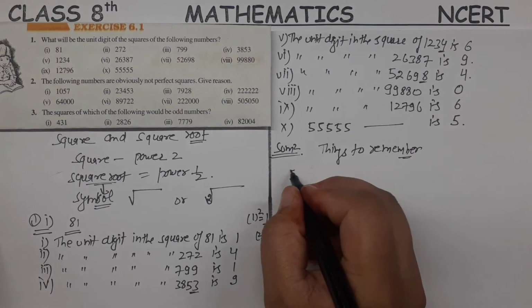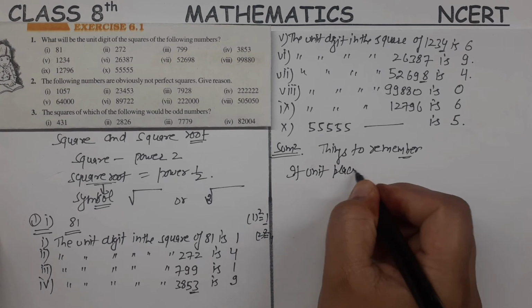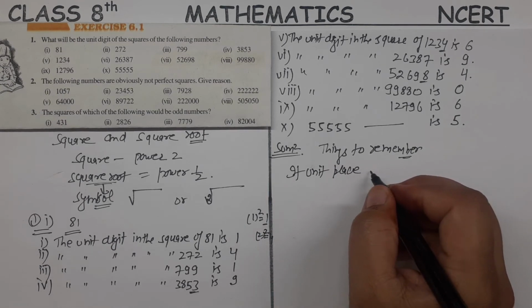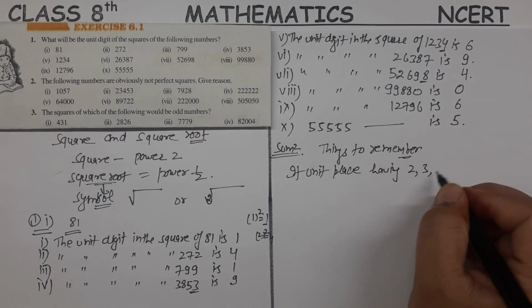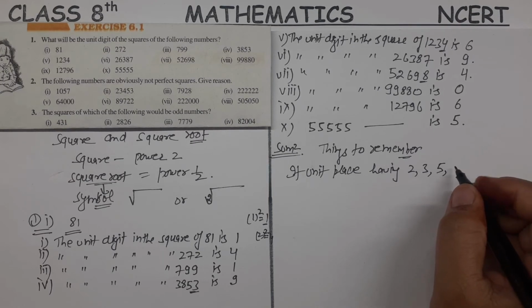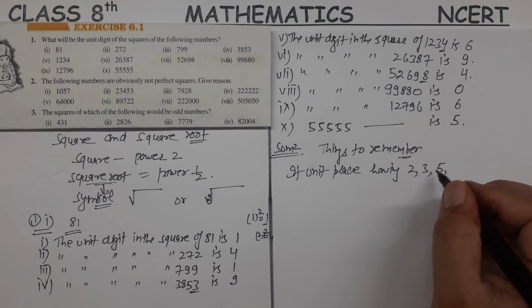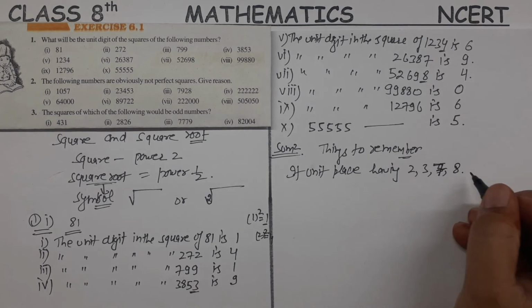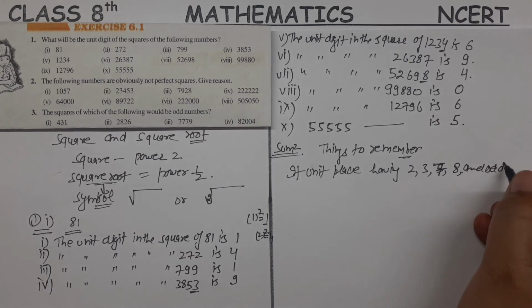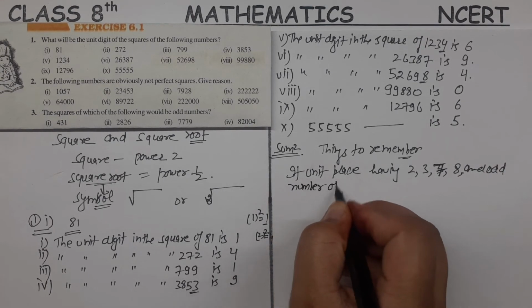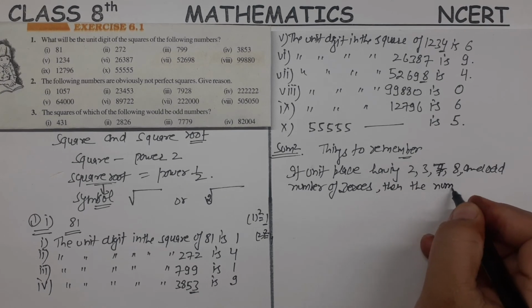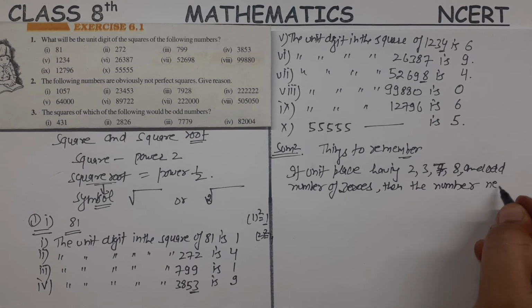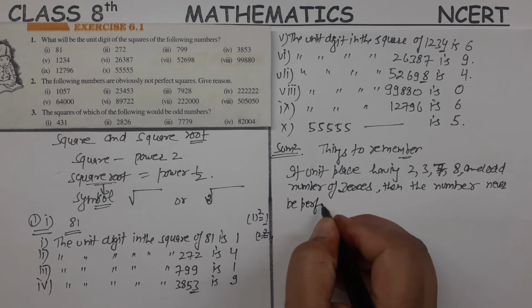That is, if unit place having 2, 3, 7, 8 and odd number of zeros, then the number never be perfect square.